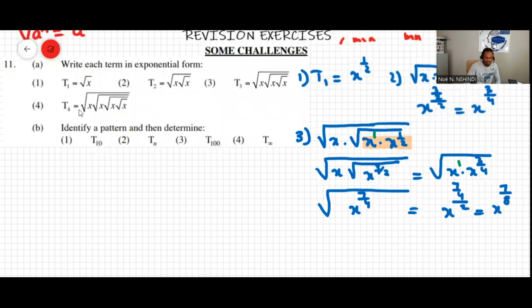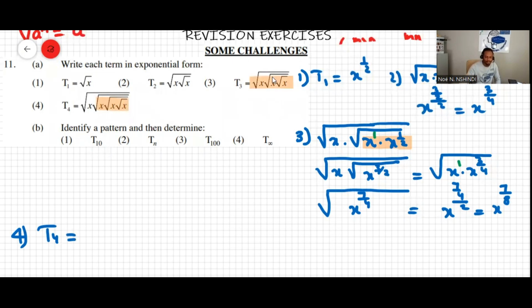Question 4, T4, we can just use this one. Okay, term 4 will be equal to, note that this part here is the same as the one we got in term 3.